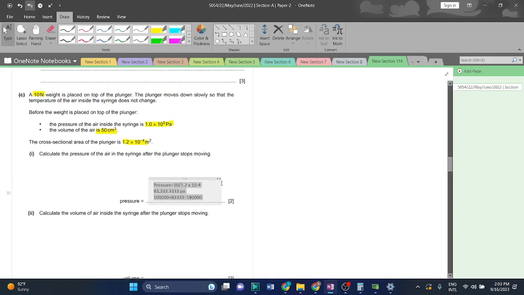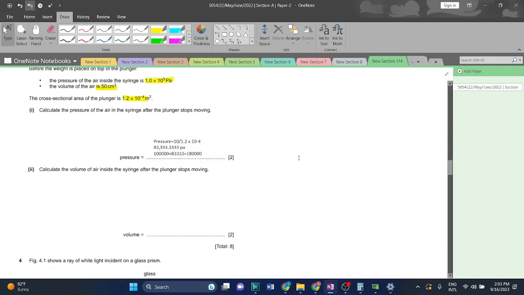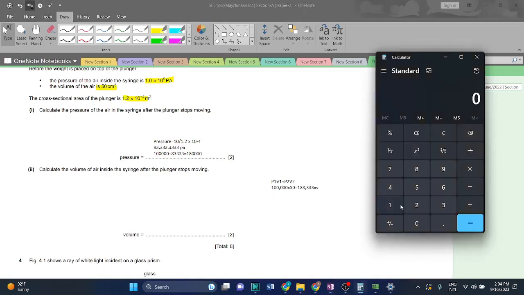Calculate the volume of air inside the syringe after the plunger stops moving. We can calculate that using the formula P1 V1 is equal to P2 V2. P1 we have 100,000, into V1 we have 50 centimeter cube. P2 we have 183,333, into V2, which we have to find. So let's calculate that: 100,000 into 50 divided by 183,333.